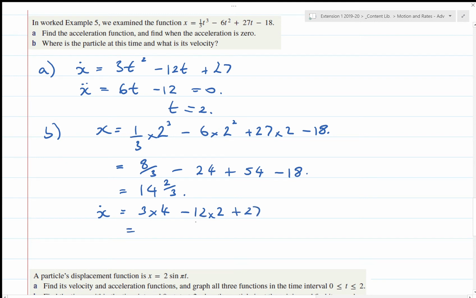So 12 minus 12, 15. So its displacement is 14 2/3 meters to the right. Its velocity is 15 meters per second, so it's moving forwards. And its acceleration is 0, meaning its velocity is not changing at that point in time. It's still moving, but its velocity is not changing. If it were not moving, that would mean velocity was 0, x dot.